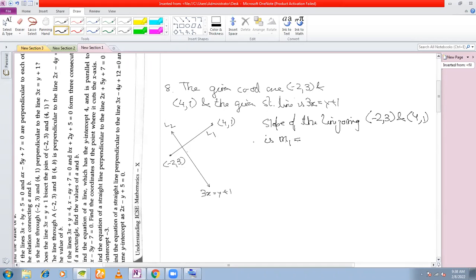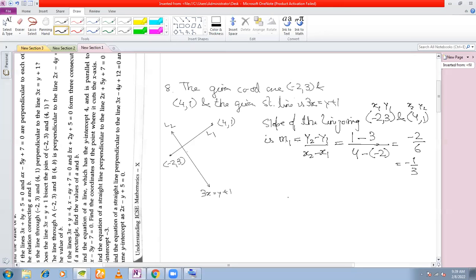And how do you find out the slope of a straight line joining 2 points? If you call this x1 y1 and this x2 y2, your m1 will be y2 minus y1 by x2 minus x1, right? If you know 2 points on a straight line, this is how you find out the slope, by this formula. So you have y2 as 1, y1 as 3, x2 as 4 and x1 as minus 2. So you're getting here minus 2 by 6, which is minus 1/3. This is the slope of the line L1.